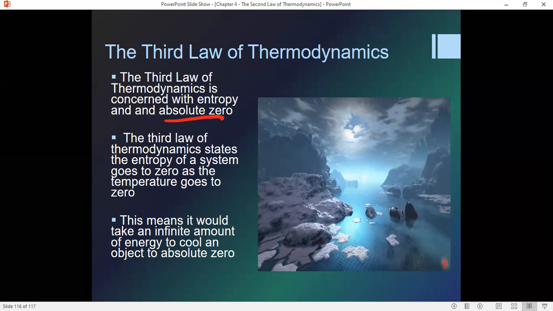What does this mean? Again, entropy goes to zero as T goes to zero. What this means is that when we run a refrigerator and cool it down, it takes more and more energy to get closer to absolute zero. Let me show this to you.